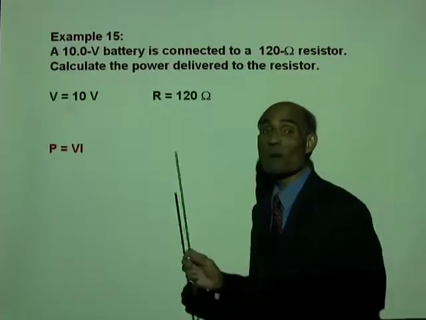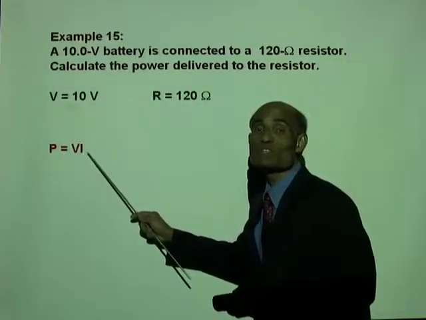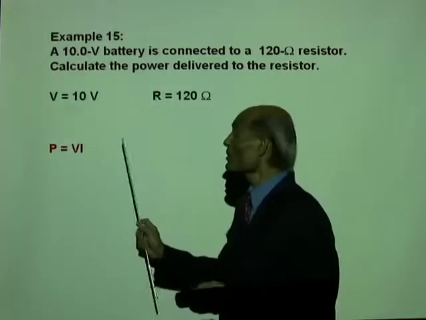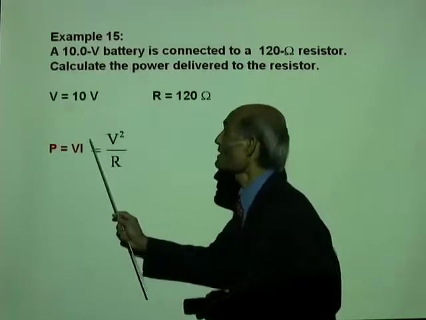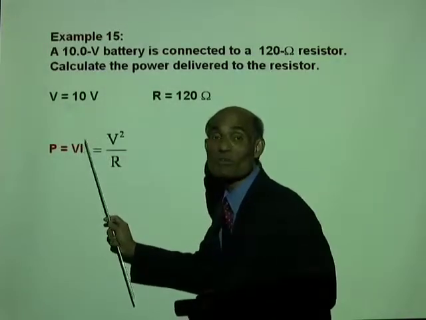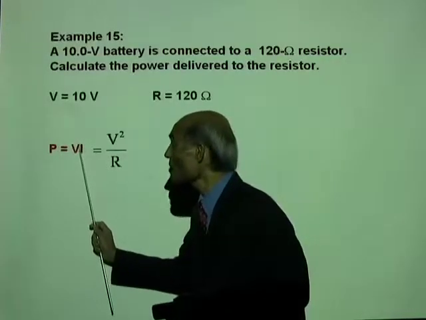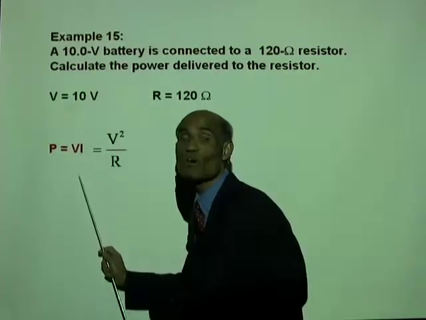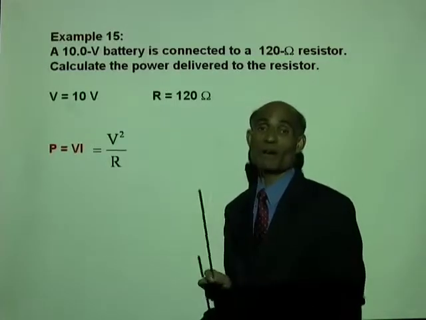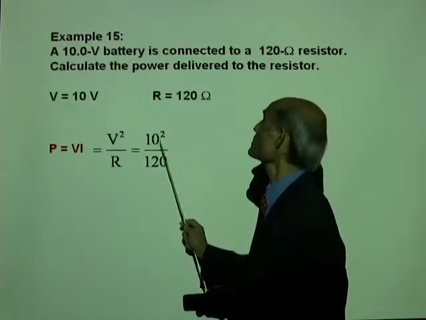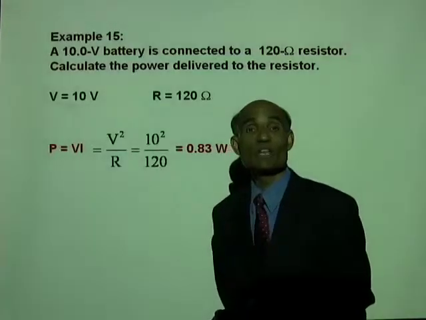We need to find the power. P equals V times I, but we don't have I. What do we do now? Well, I can write I as V over R. Use Ohm's law to rewrite I equal to V over R. That means the power now equals V squared over R. Now that will be 10 squared over 120. That is 0.83 watt.